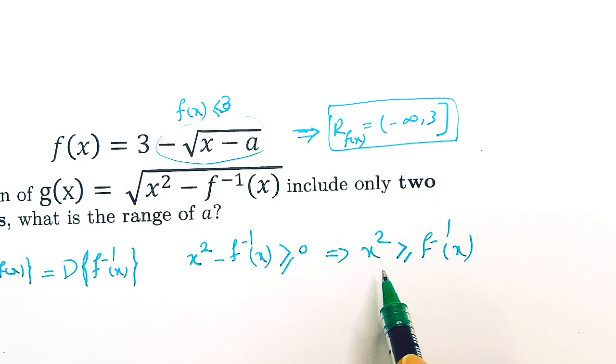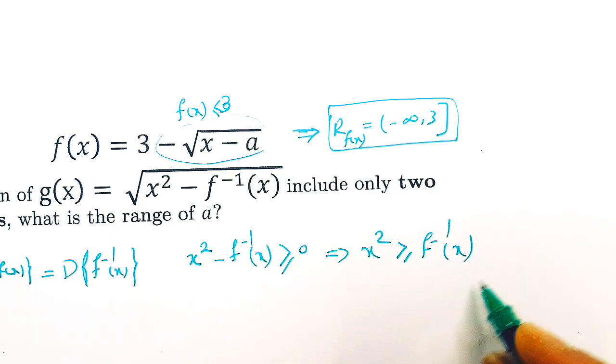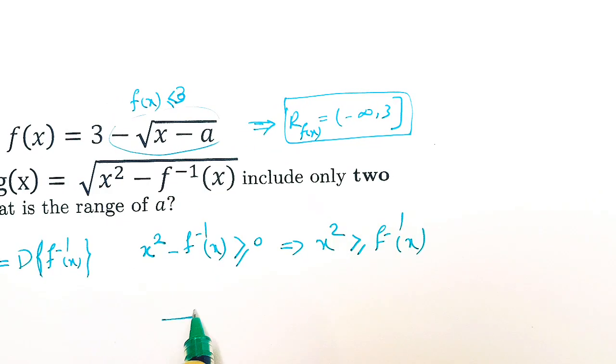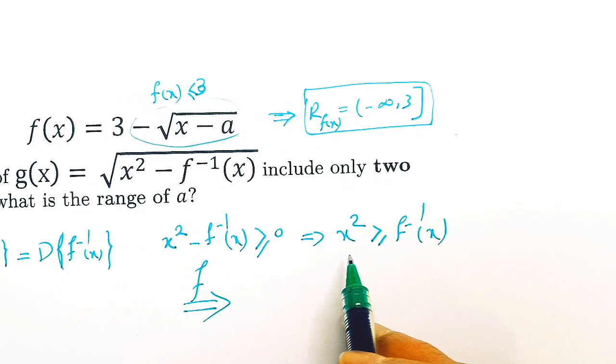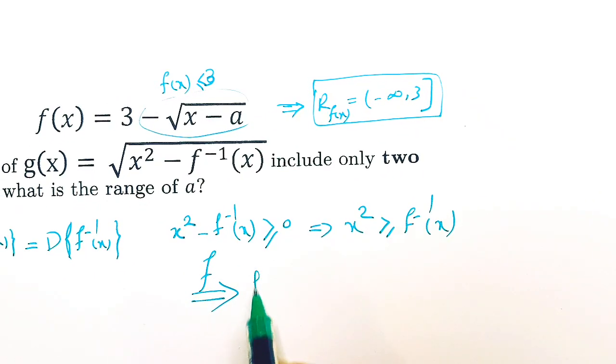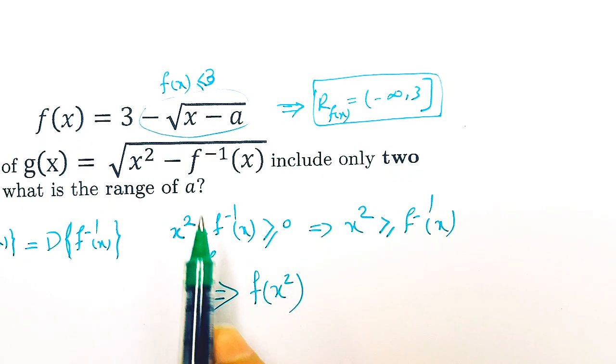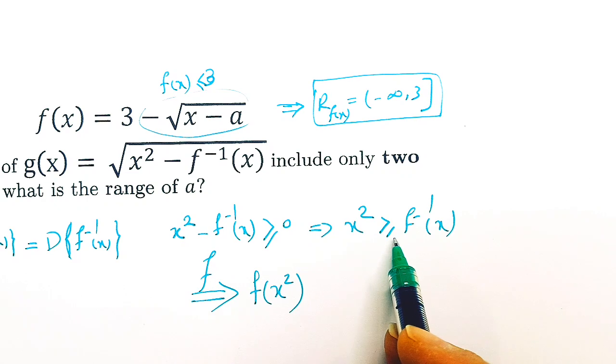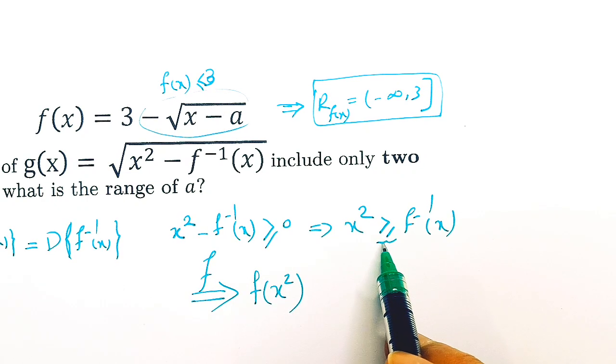If we put both sides of this into function f(x), so from here, if we take f of both sides, we will have f of x squared. And since f is a monotonic decreasing function, the direction of the inequality will change.